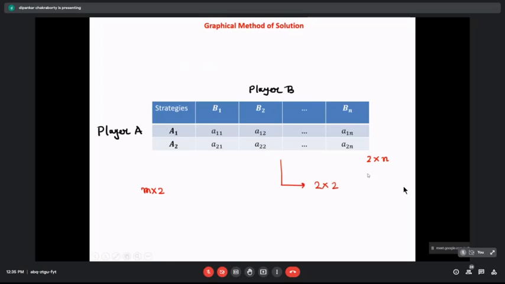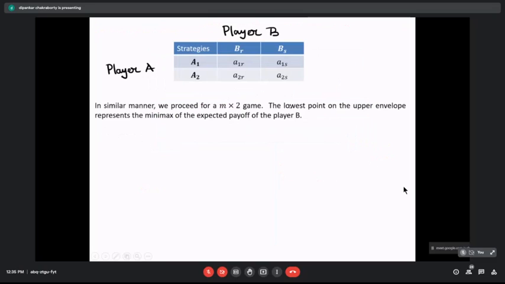So after using that method, this matrix will be converted to a matrix like that, which you can see is ultimately a 2 cross 2. So this is our purpose of using the graphical method of solution.